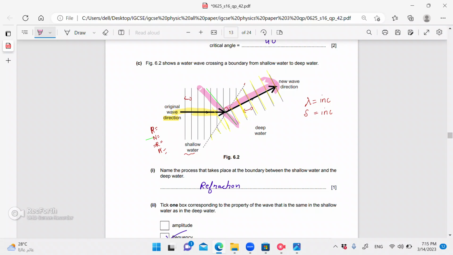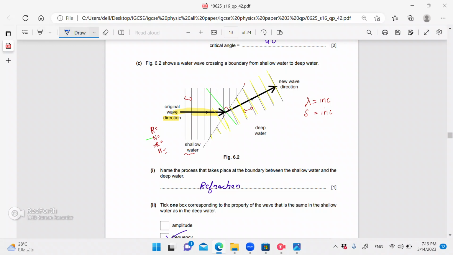So if it was from deep to shallow, the refracted ray will be closer to the normal ray, like this. So as it is going from shallow to deep, that's why the refracted ray is going away from the normal ray.